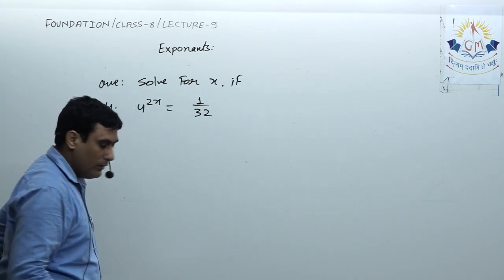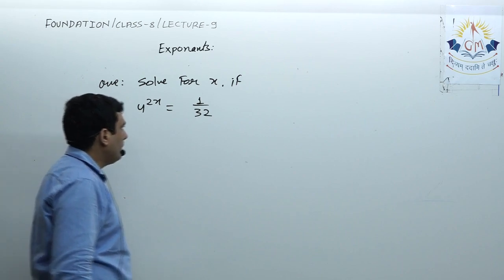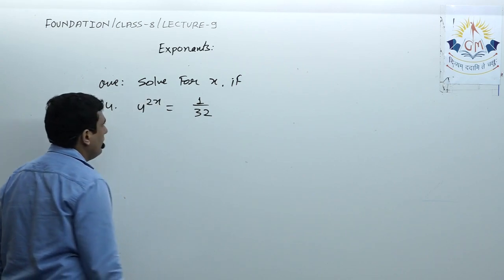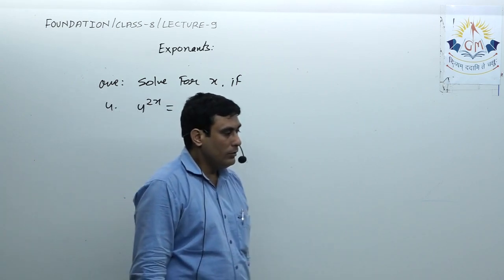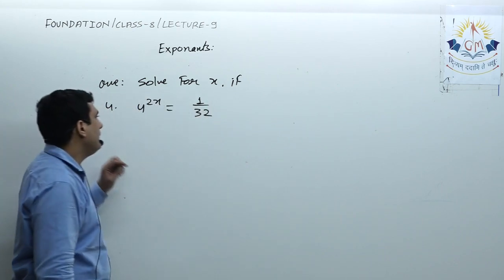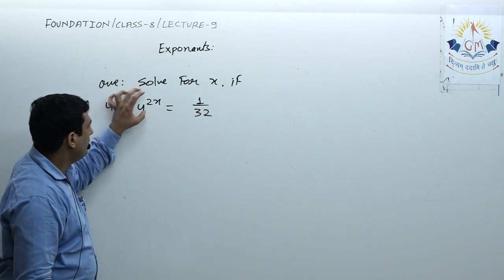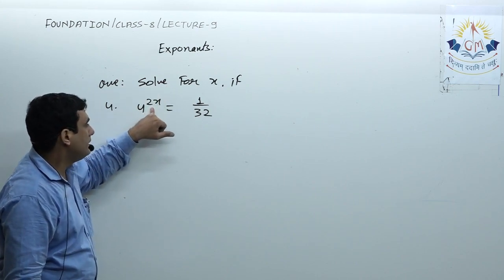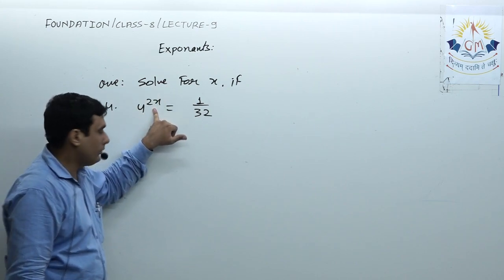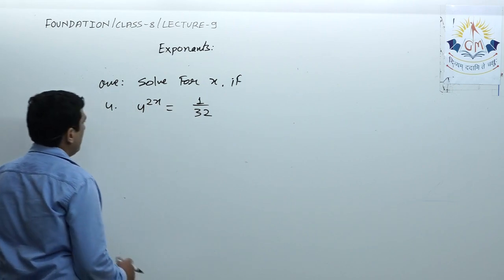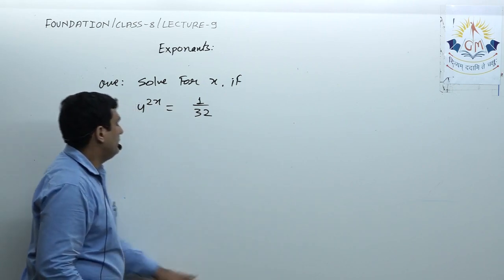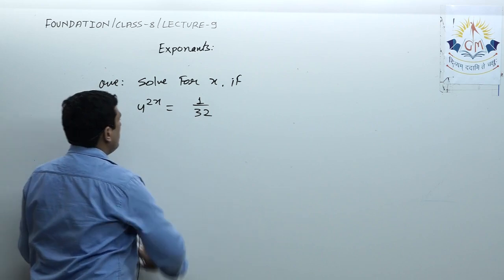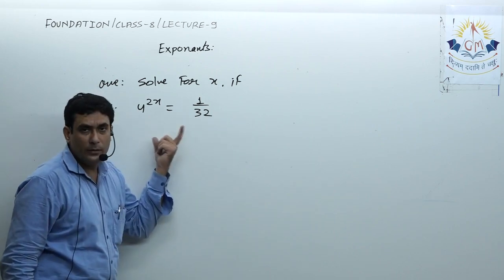It is given 4 raised to 2x equal to 1 upon 32, then you have to find the value of x. Now in this type of question, in general you will find the variable, x or y, whatever you say, in the exponent. Now to compare these two quantities, their bases must be same.